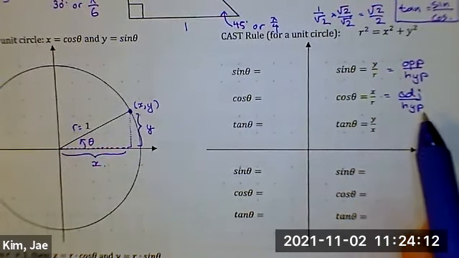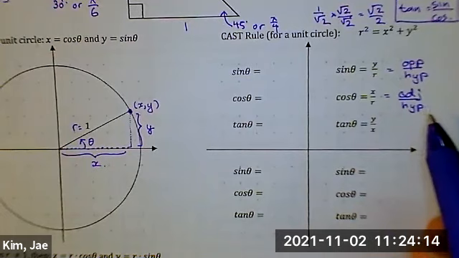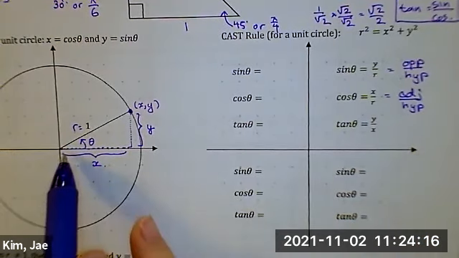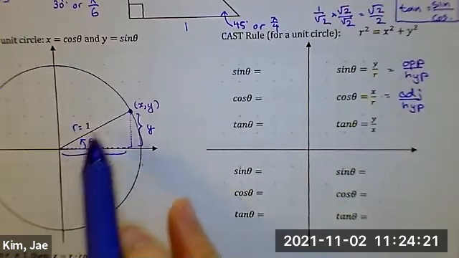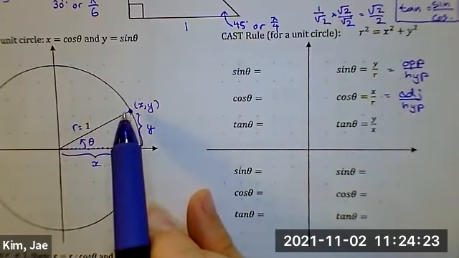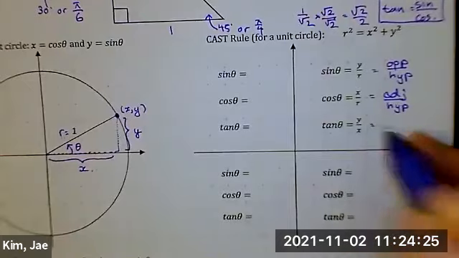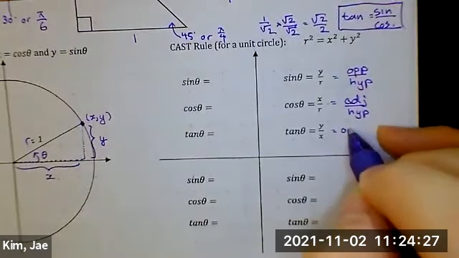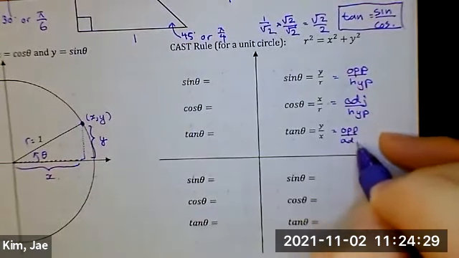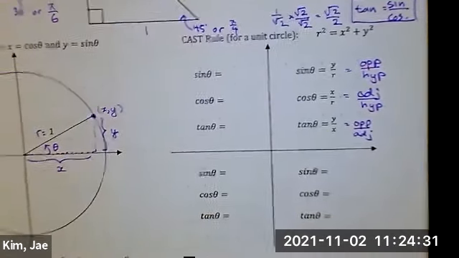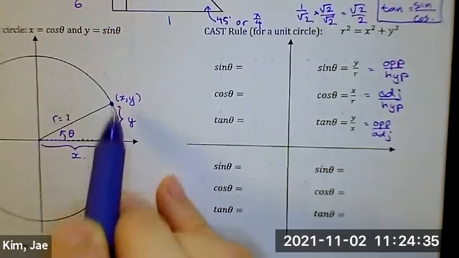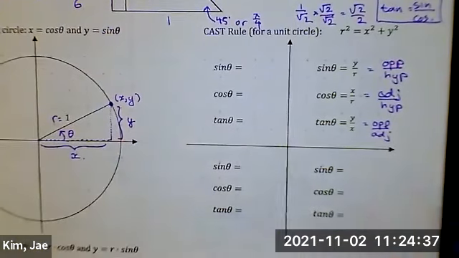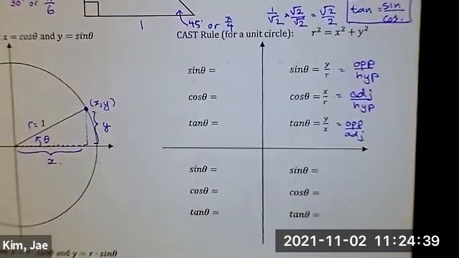Instead of talking about adjacent and hypotenuse, we're now on a Cartesian coordinate. What is the adjacent side? X. What's hypotenuse? Radius. And lastly, tangent is opposite over adjacent, and that is the y value over the x value. That's it.